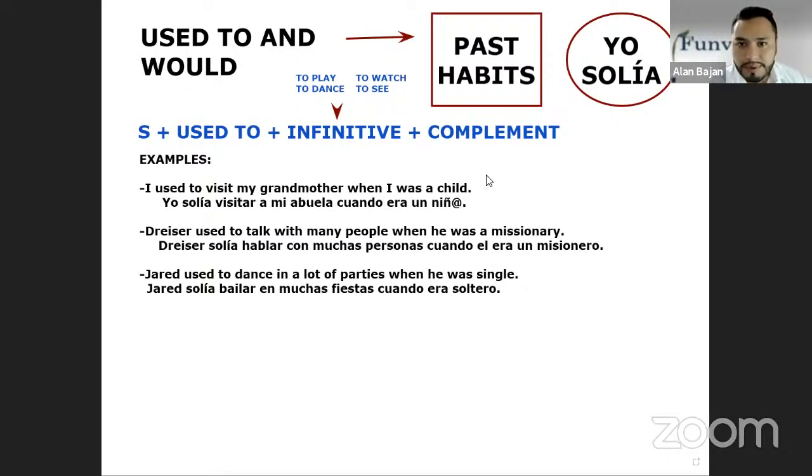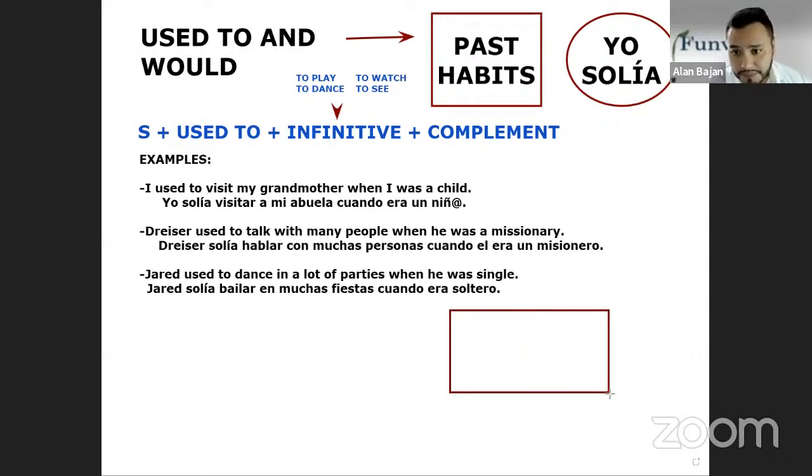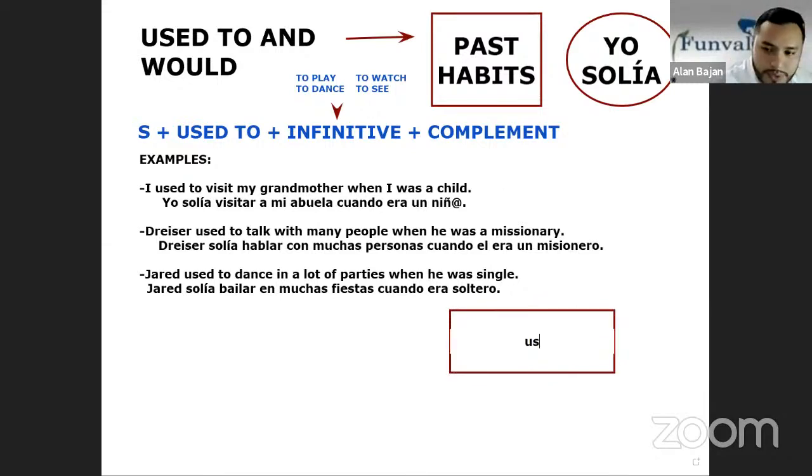Used to, remember this: used to plus infinitive is only for past tense.